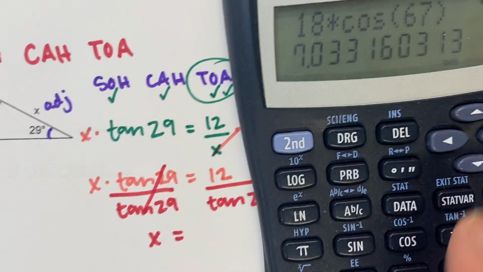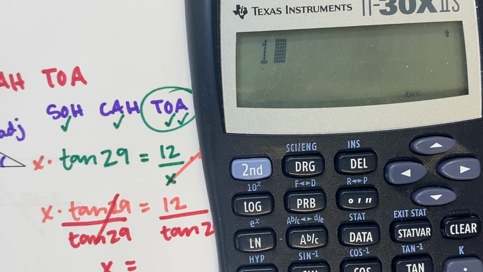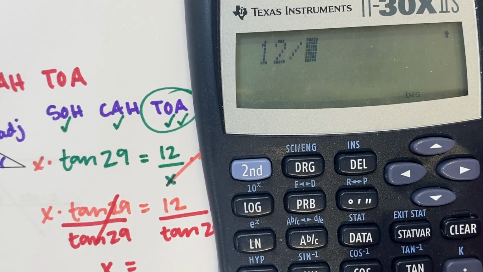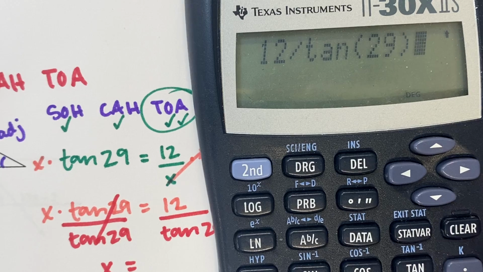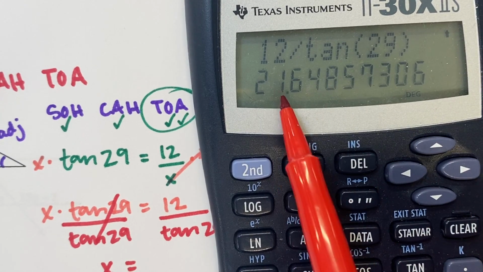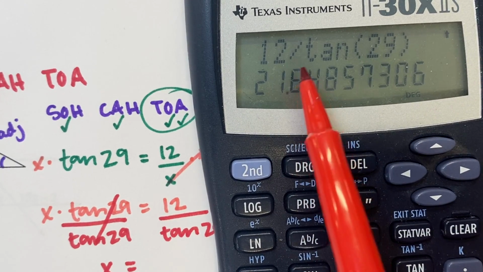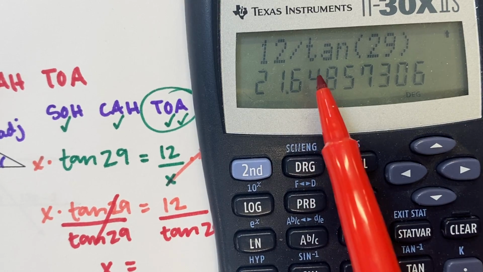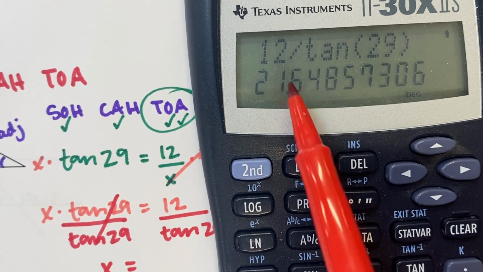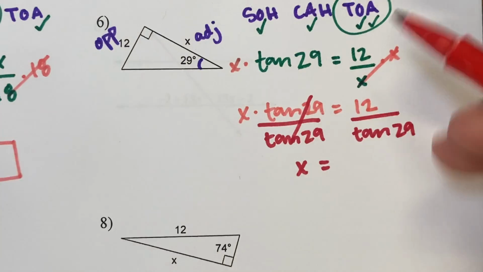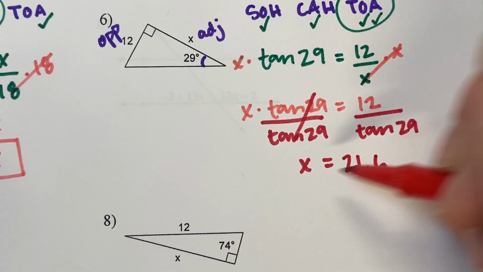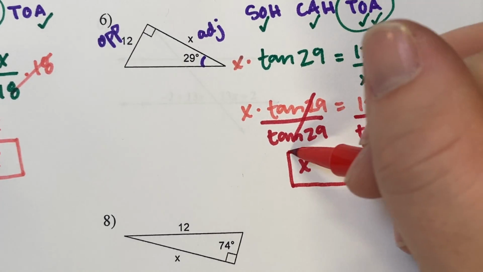So now I have 12 divided by tangent of 29. And I get 21.64. We want it rounded to this spot, so look behind it. The 4 is less than 5, so our 6 stays a 6. So final answer, 21.6.